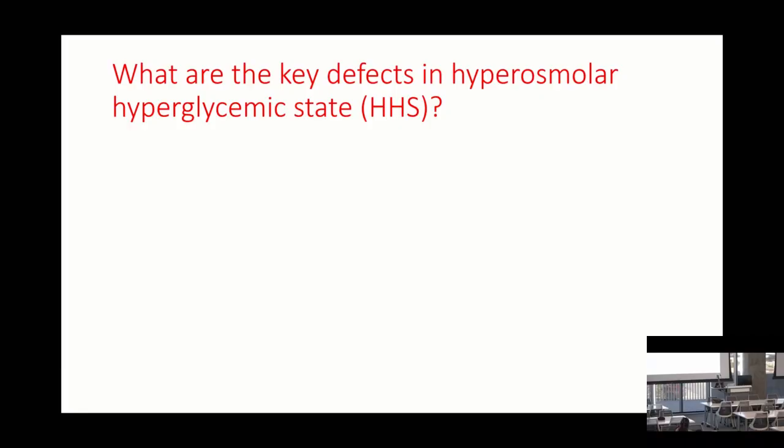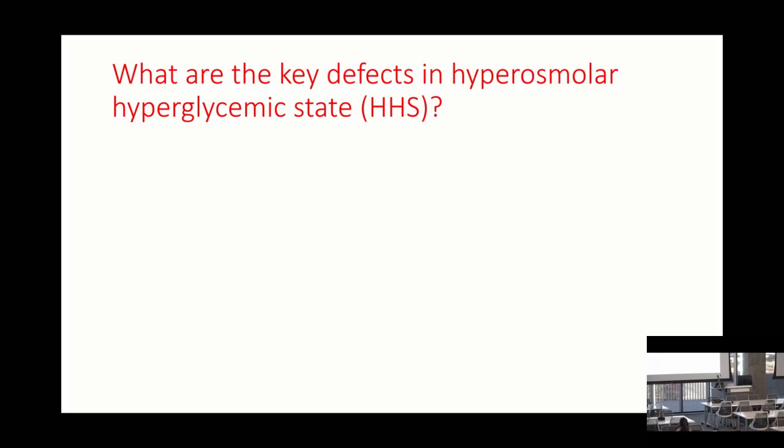Hyperosmolar hyperglycemic state. What are some of the key defects? I think we already pointed some of them out, but can you think of anything else? So what's happening in HHS? Like we talked about DKA, where you have no glucose coming into the cells, gluconeogenesis, ketone bodies, hyperglycemia, dehydration, and all that.